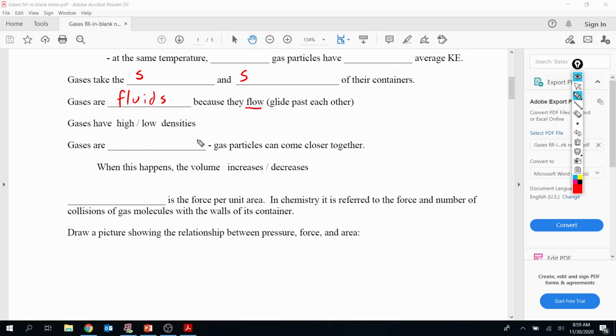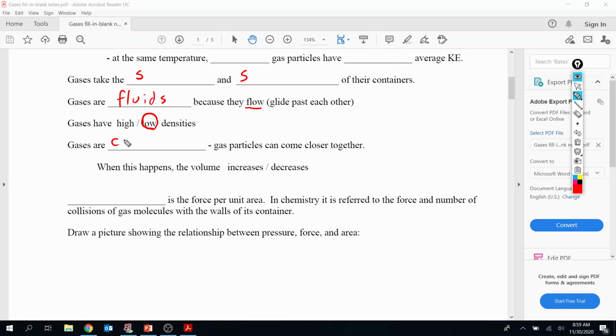because they flow. Now, did we decide that gases had a high or a low density? Very little mass for the volume they take up, so it is a low density. Solids and liquids will have a higher density. And gases are blank, meaning the particles can come closer together.